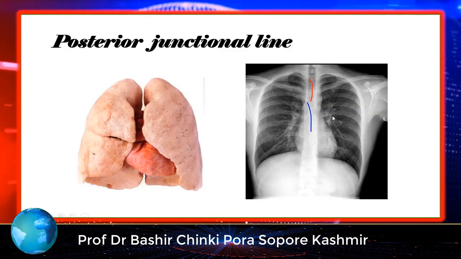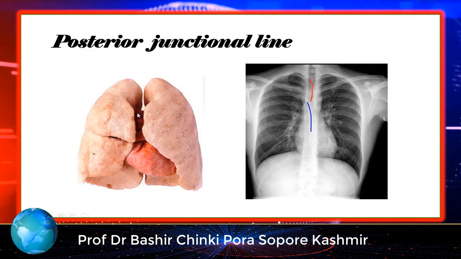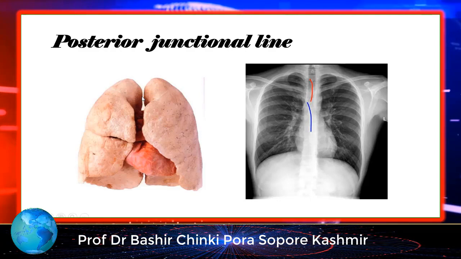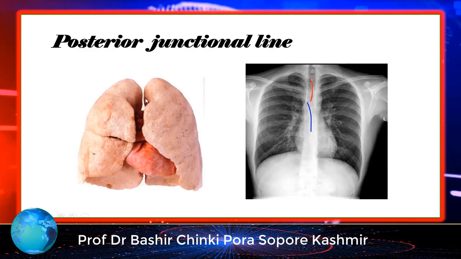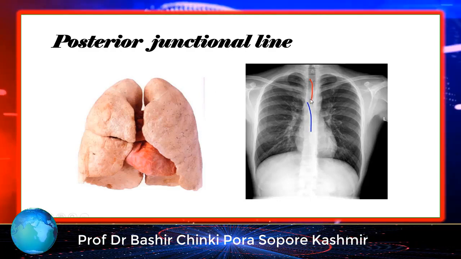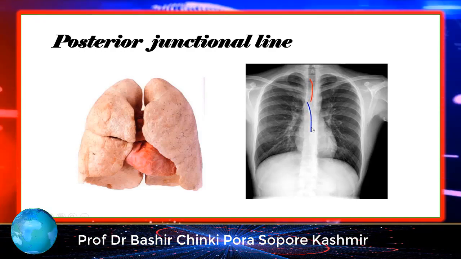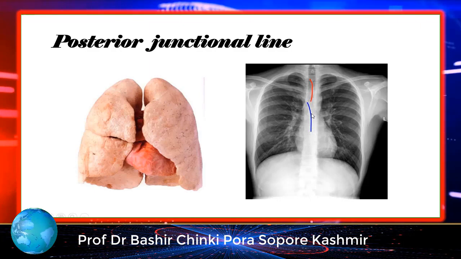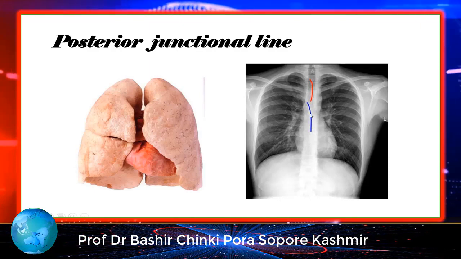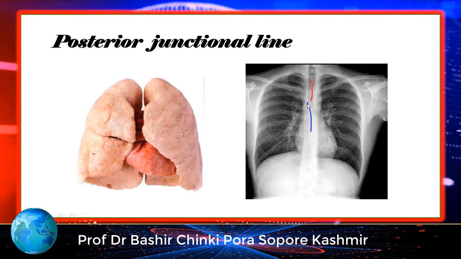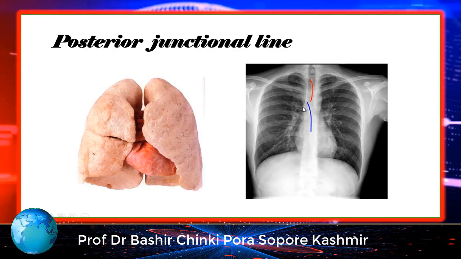Now if I show here again, as I said, this is the anterior junctional line. This is the posterior junctional line. So the posterior junctional line extends above the clavicle. You can see it extends above the clavicle. The anterior junctional line does not extend above the clavicle, and it almost ends at the azygos vein.